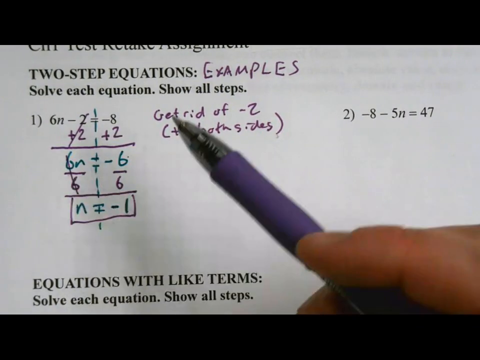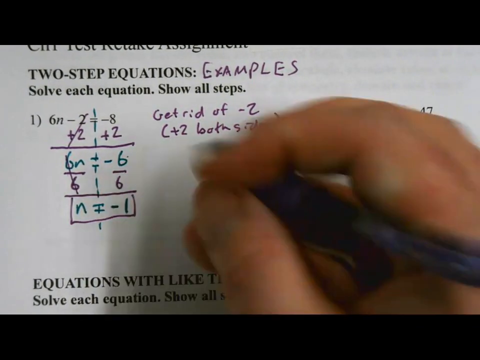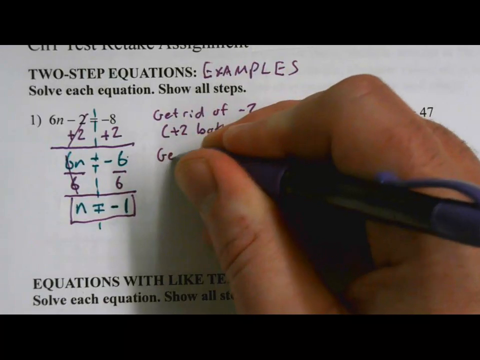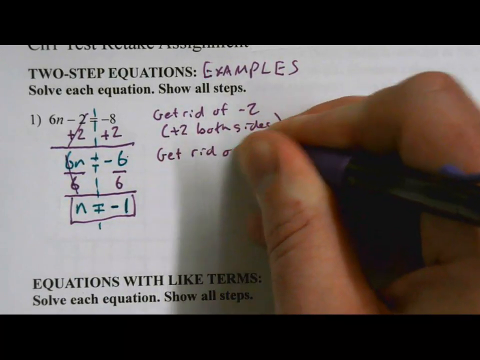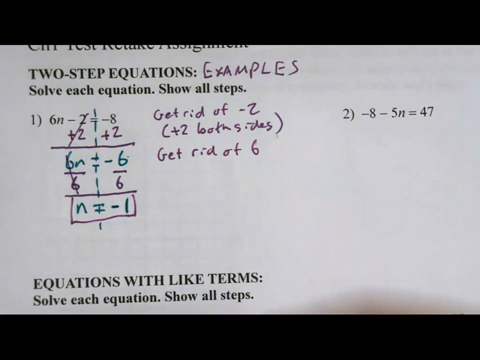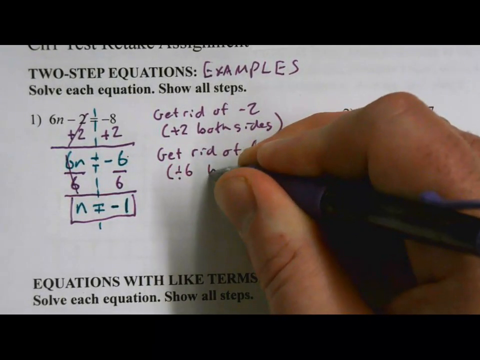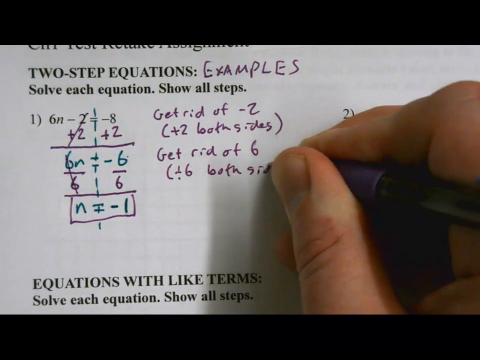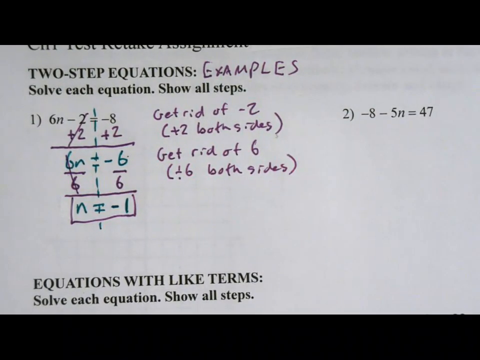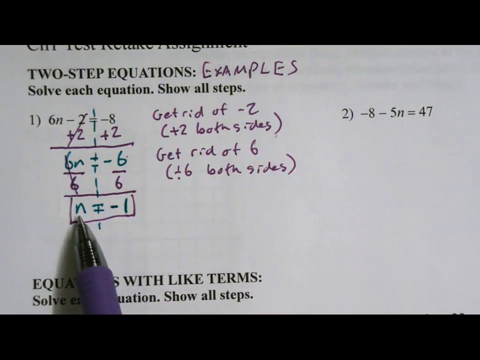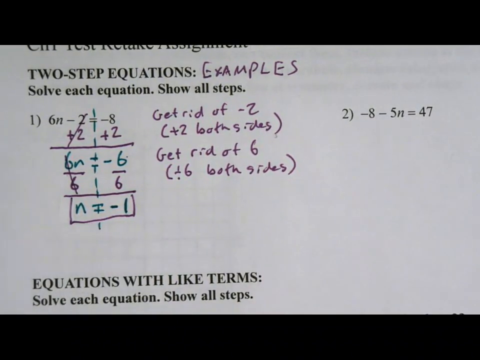We still had a 6 with our n, so in our second step we got rid of the 6. We did that by dividing by 6 on both sides. And that got us to our final answer, which was n all by itself. n is equal to negative 1.